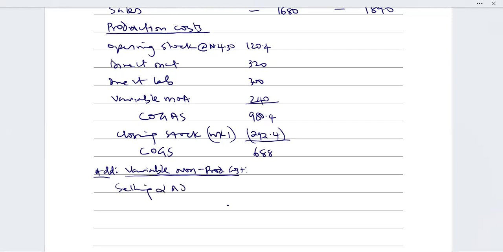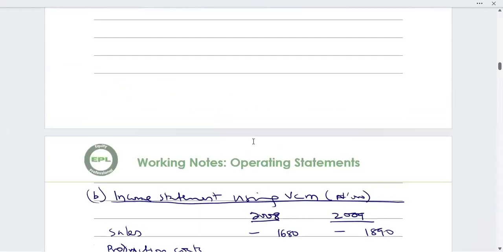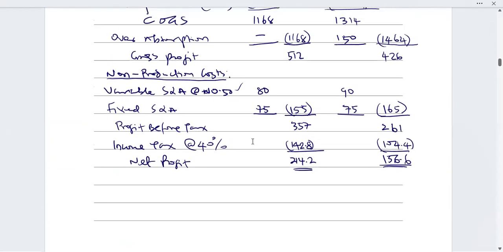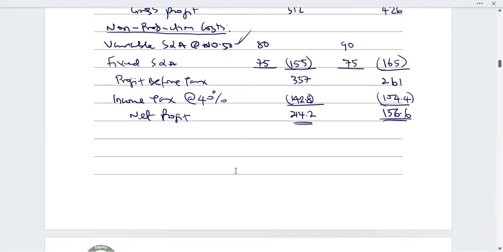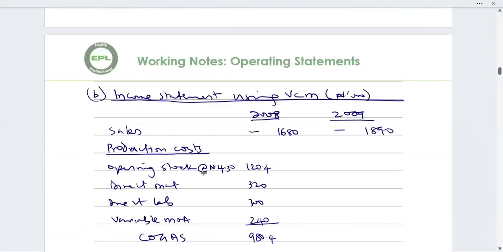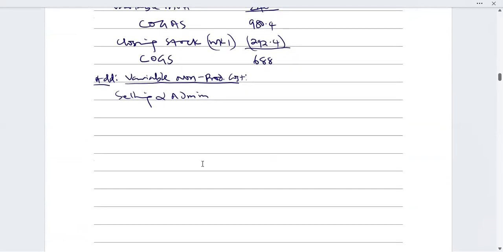We've determined it before under the absorption, which is 80,000. So I will then add 80,000 to this. There is no other variable cost in the question that is not related to production. So just add these two together.